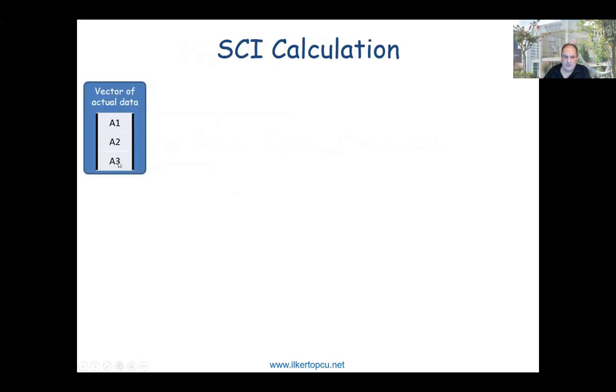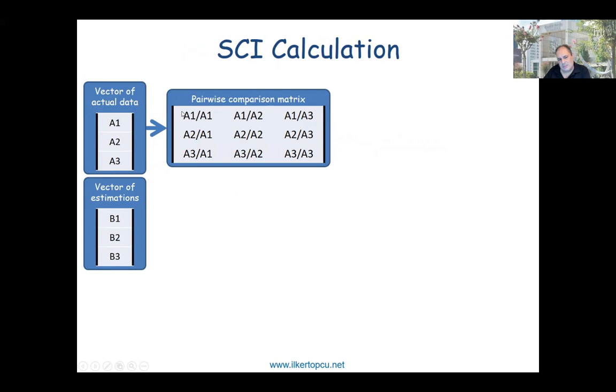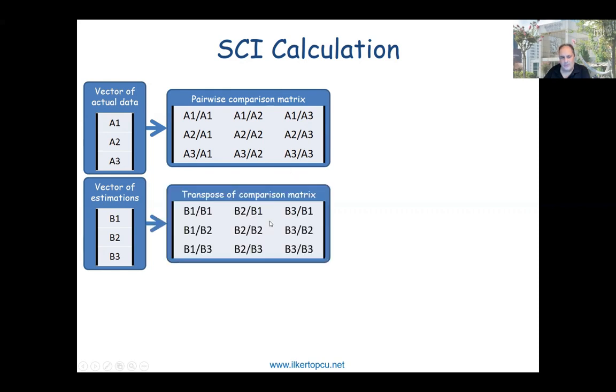If this is the vector of actual data, A1, A2, A3, and if this is the vector of estimations coming from the cluster network model, you convert this vector to a pairwise comparison matrix. How? A1 over A1, A1 over A2, A1 over A3, and so on. Here you do the same operation, but this time you use the transpose of this: B1 over B1, B1 over B2, B1 over B3 comes to the column, not the row.